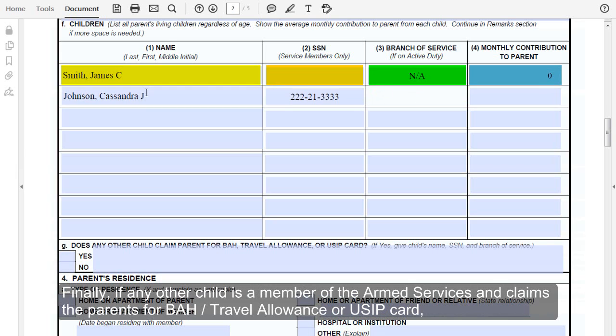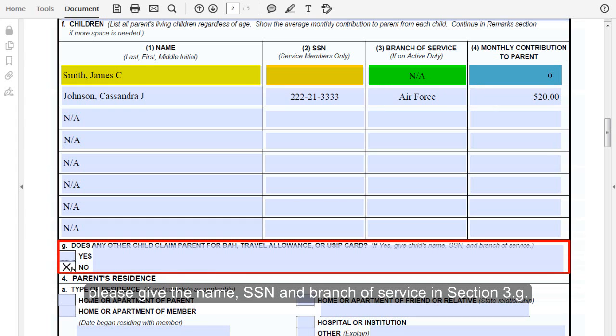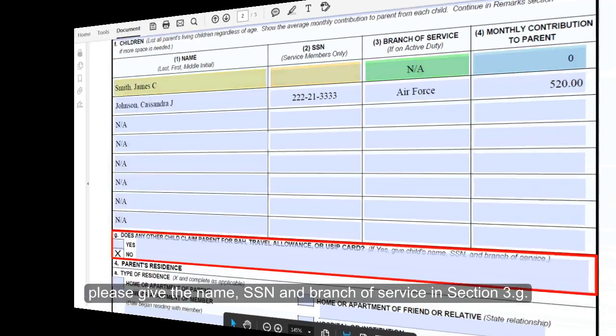Finally, if any other child is a member of the armed services and claims the parents for BAH, travel allowance, or USIP card, please give the name, Social Security number, and branch of service in Section 3G.